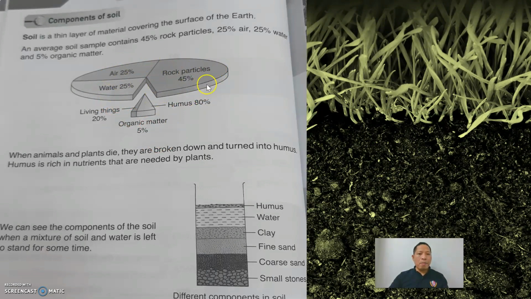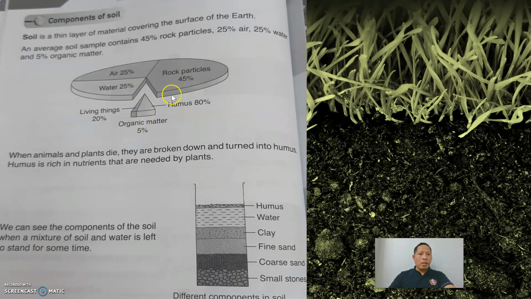Again, please memorize this. 45% of rock particles, 25% of air, 25% of water, 20% of living things, and 5% of organic matter.